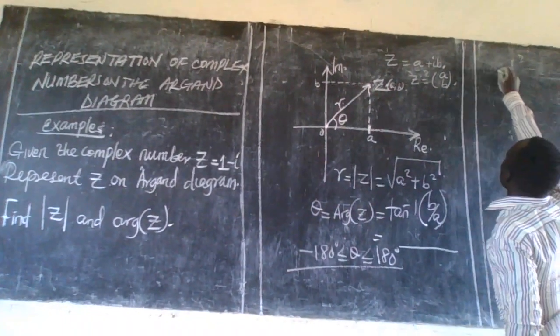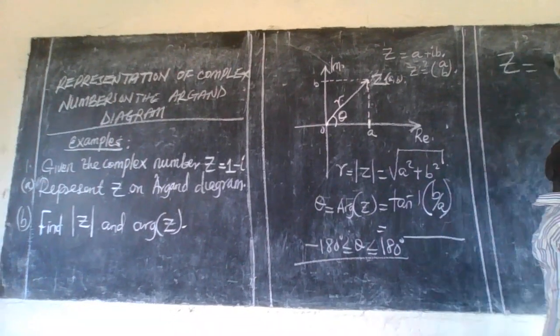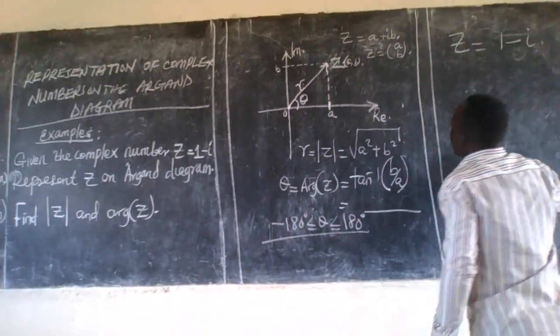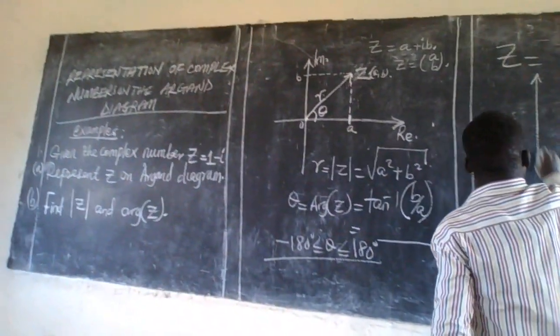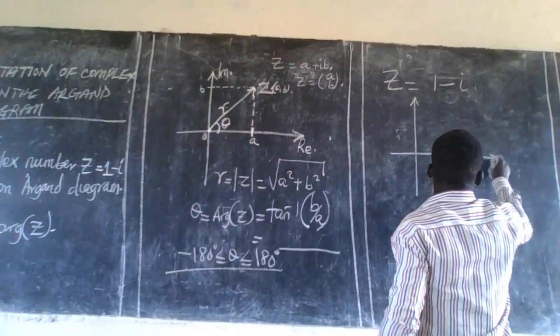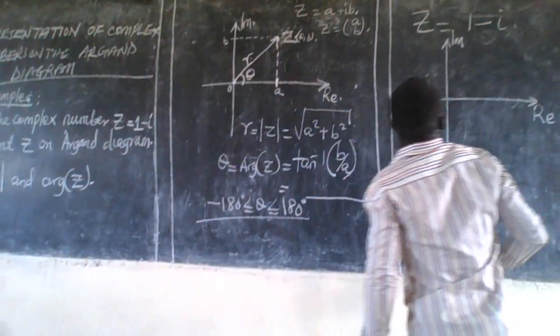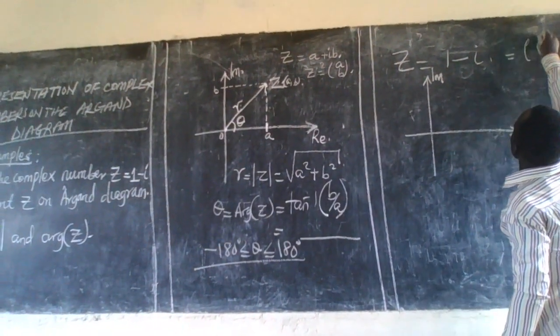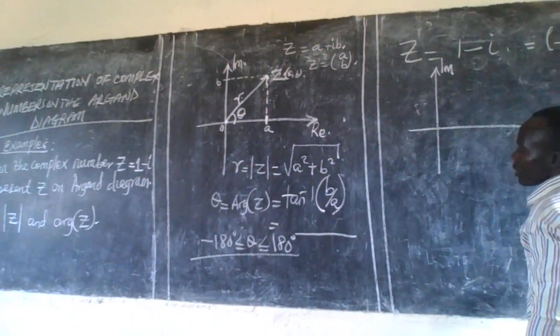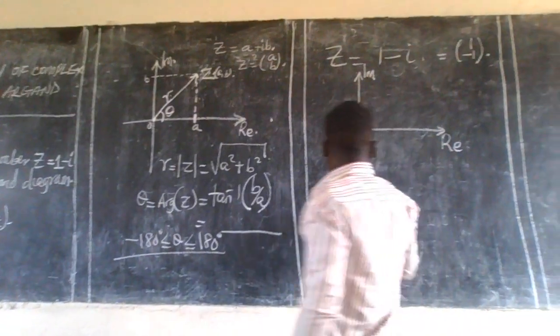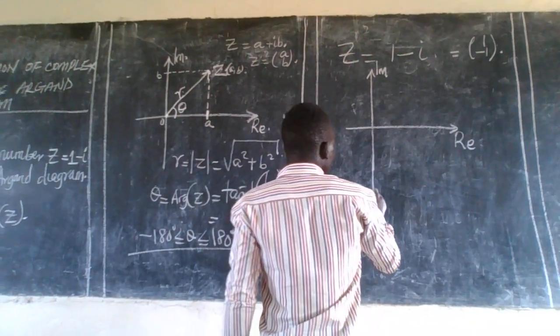Therefore, if our z is 1 minus i, and I draw my real axis and imaginary axis, I realize that this is the same as (1, negative 1). I plot those points.